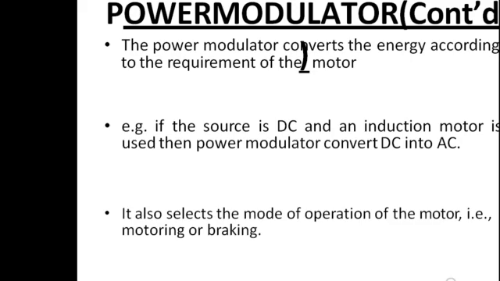It also converts the energy according to the requirement of the motor. For example, if the source is DC and an induction motor is used, then the power modulator converts DC into AC. It also selects the mode of operation of the motor, that is, motoring or braking.